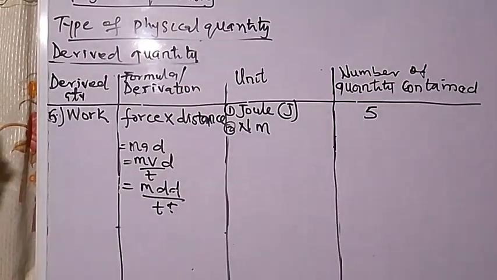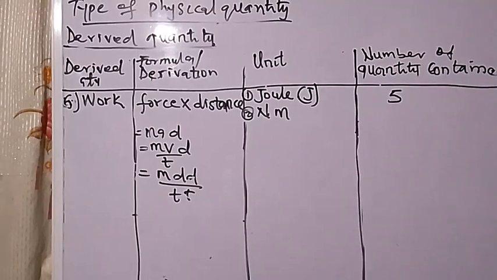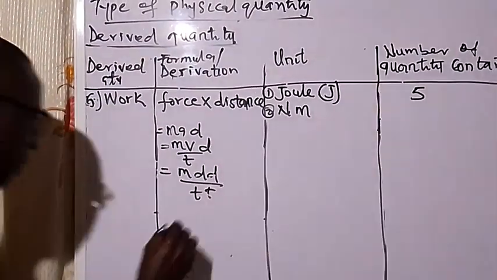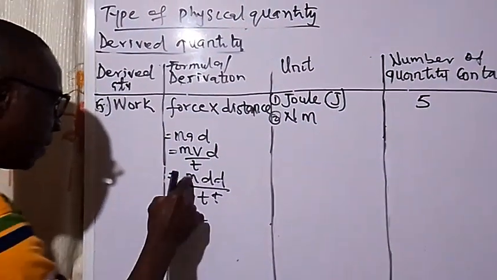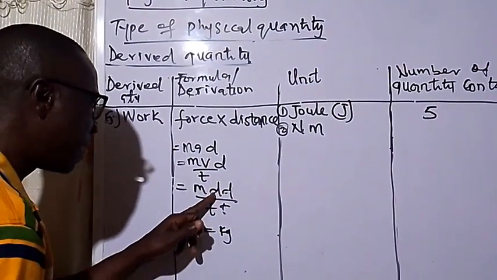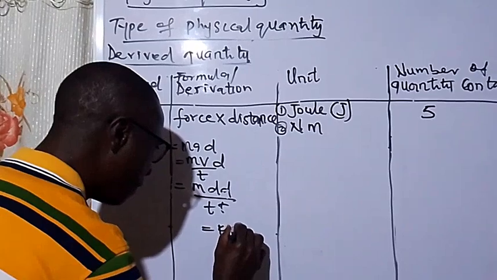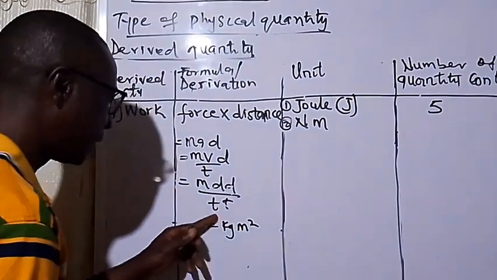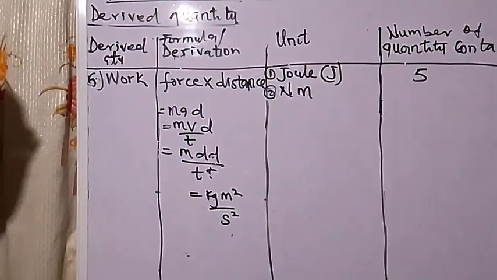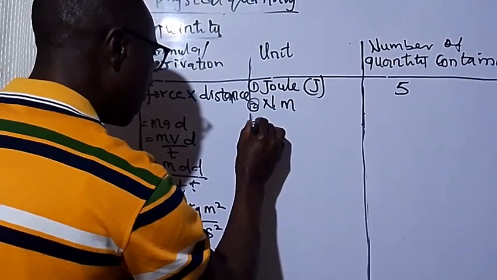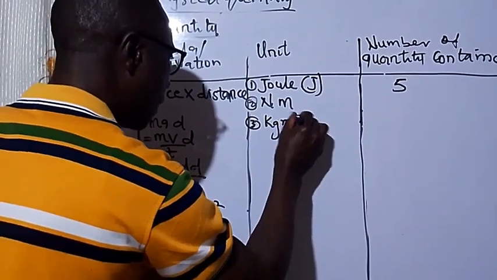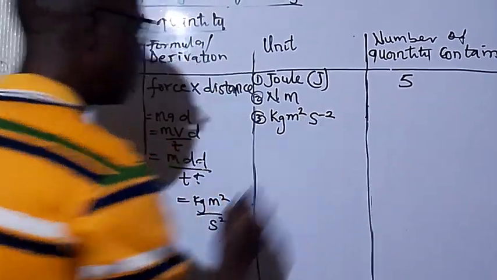Now, from this point again, we can have another unit for work. Let's look at it together. Mass is kilogram. Distance, displacement, meter, that will be meter square. Time, that's second square. So it means the next unit of work will be kilogram meter square per second square.